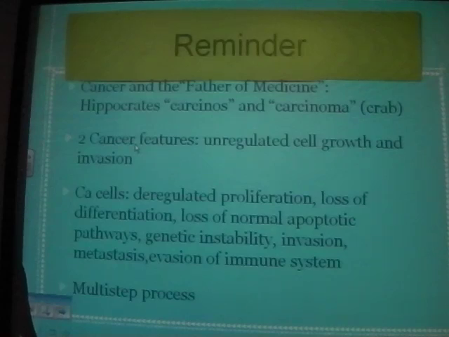They're not undergoing apoptosis, which is programmed cell death, and they also display genetic instability, so many mutations occur, and once some mutations have occurred, we're more likely to see others as well. They also have the capacity to invade tissue, partly due to loss of adhesion, and metastatic capacity.